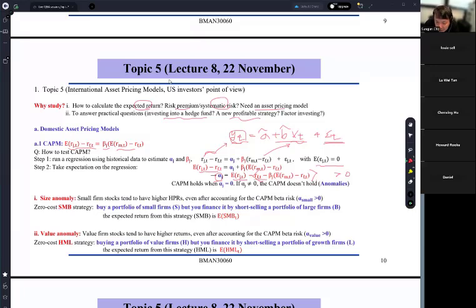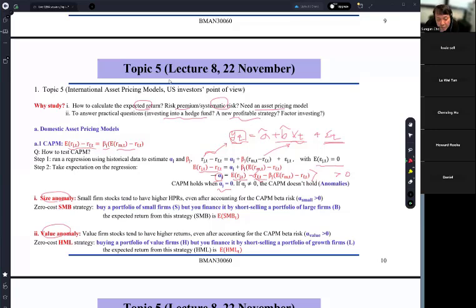So a positive alpha means investing into this asset gives you extra returns. We can test whether alpha J is equal to 0 or not. If alpha J is not equal to 0, we say we have an anomaly, a return anomaly in terms of the CAPM. Now, two famous anomalies are the size anomaly and the value anomaly.